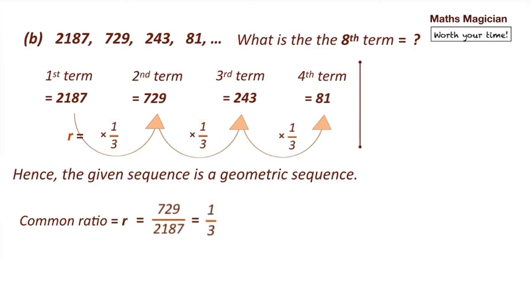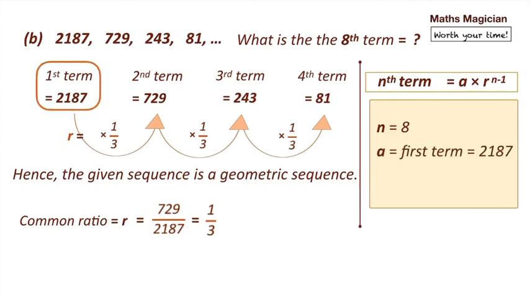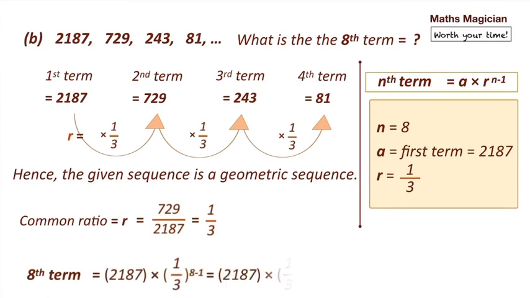We have to find eighth term of this geometric sequence, for which formula is nth term is equal to a multiplied by r raised to power n minus 1, where n is the term number we want to find, n is 8. A is the first term of the sequence and is 2187, and common ratio r is 1 by 3. Putting values in the formula and solving, we get eighth term is equal to 1.